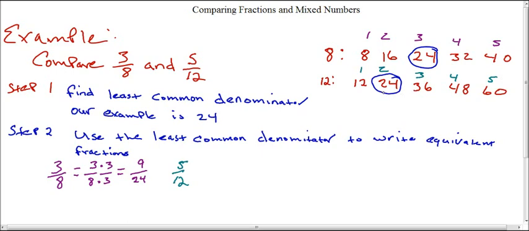So to get 24, we multiply 12 times 2. So now we can say that this will be 5 over 12, and multiply both denominator and numerator by 2, and that will give us 10 over 24.